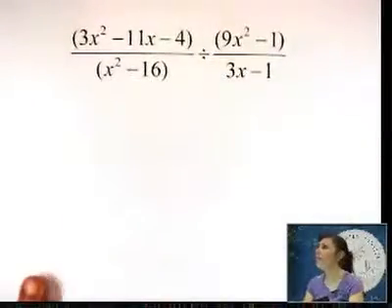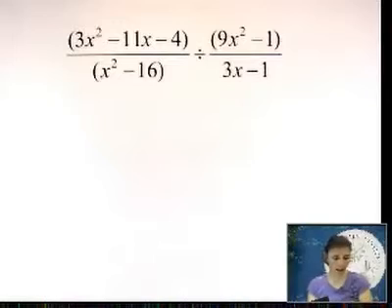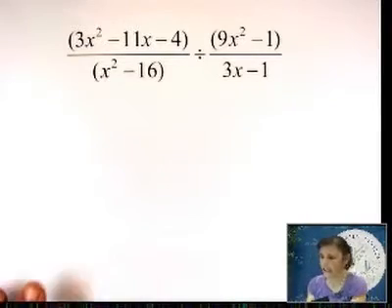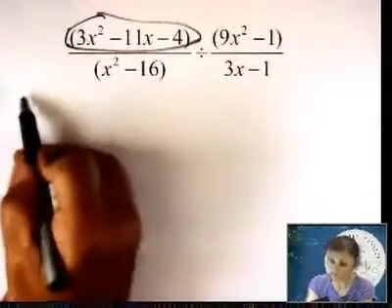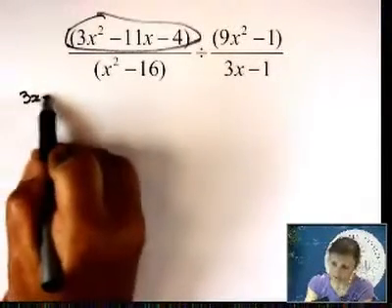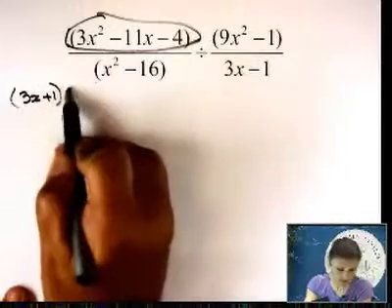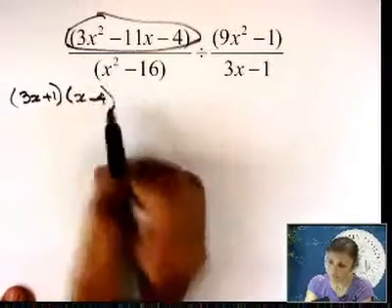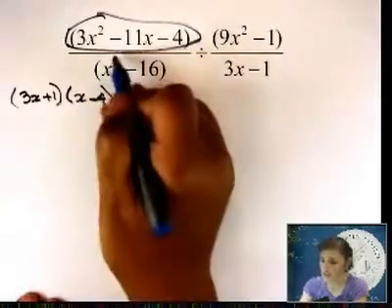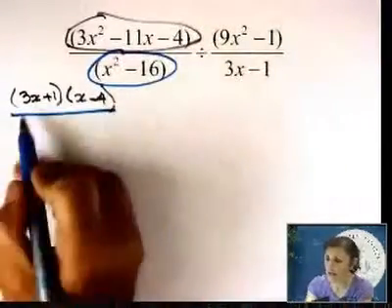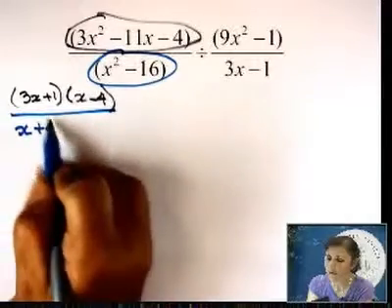Okay, let's do one more. This one is going to factor out 3x plus 1 times x minus 4. This is actually one of the examples in the factoring section. This one factors out x plus 4, x minus 4.